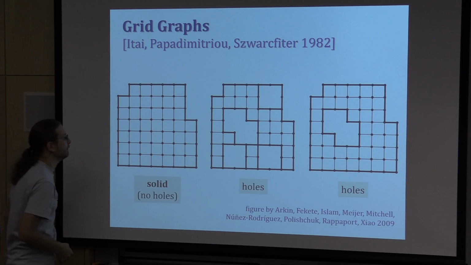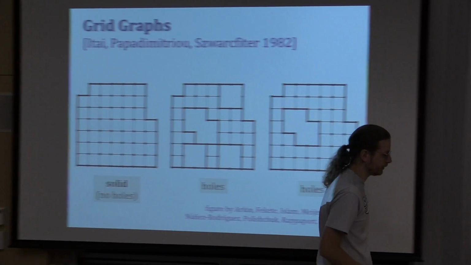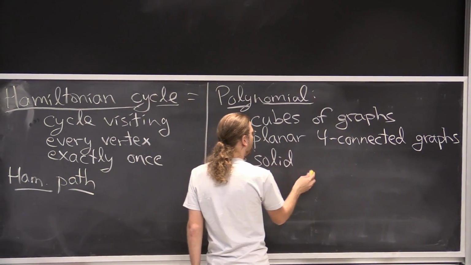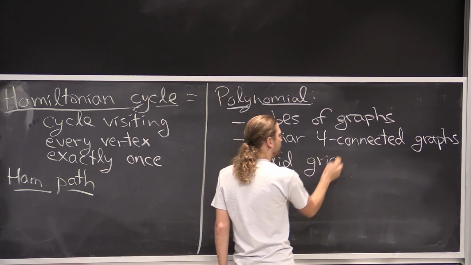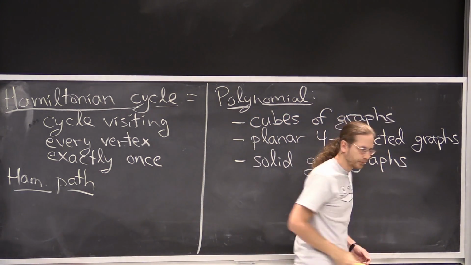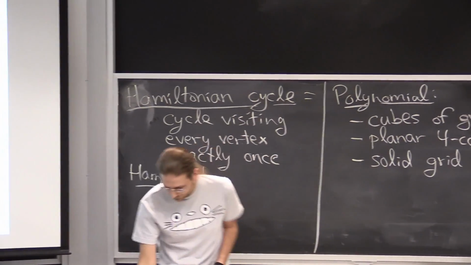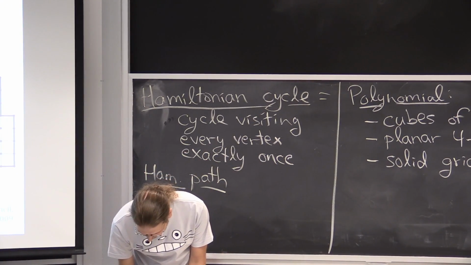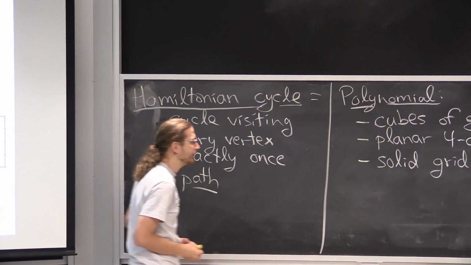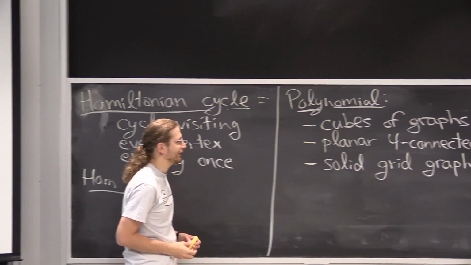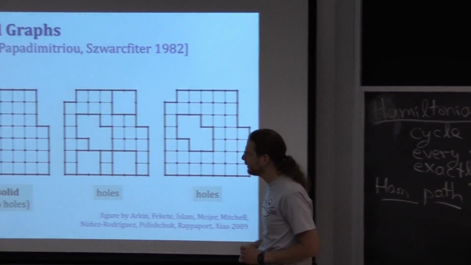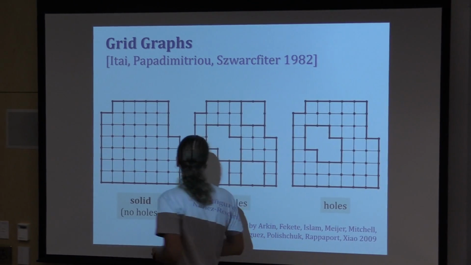This is interesting because solid grid graphs, you can solve Hamiltonicity in polynomial time. It's not always possible, but there is a polynomial time algorithm for solving the solid grid graph case by Umans and Lenhart, 97. It's a very complicated algorithm. Luckily, this is a hardness proof class, so I don't have to cover it. I'm going to focus on the hardness when you allow holes.